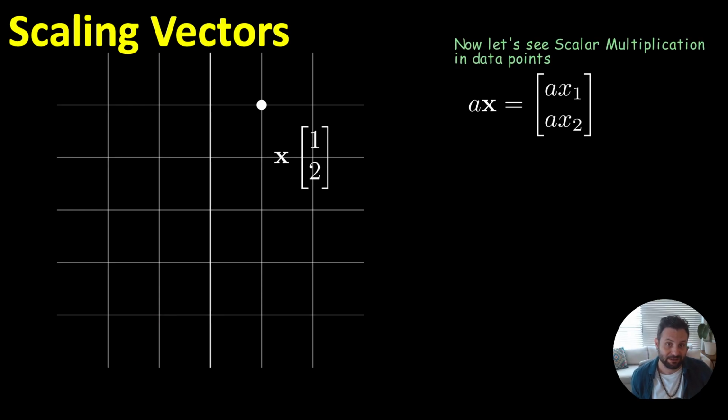And when we scalarly multiply a data point with varying scalars, I mean linearly combining this one vector with different scalars, we would see that all of these points would live on a line that's in the same direction as this vector, right?